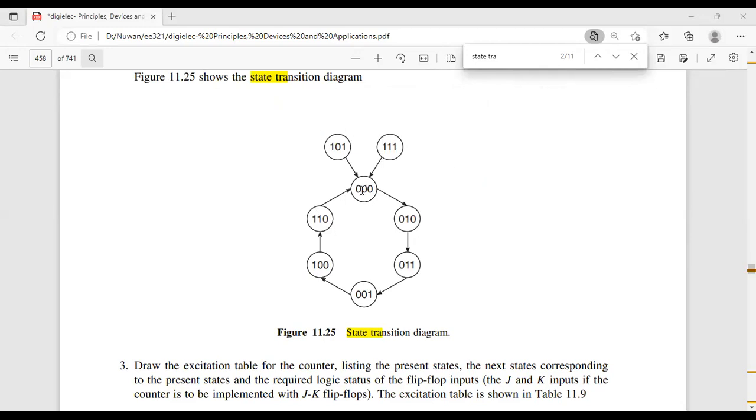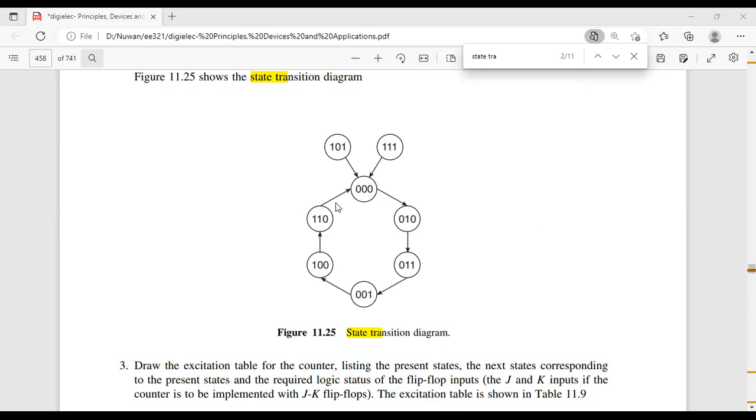So only these counting sequences are used for the excitation table. This skipping sequence we are not using to construct the excitation table. So you have to use only these counting sequences.